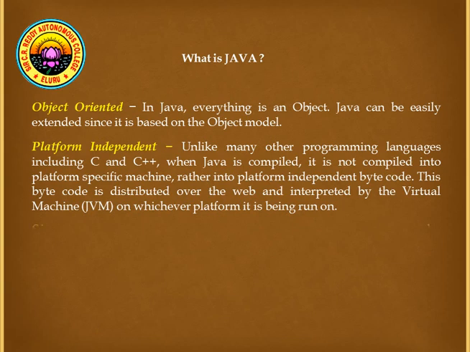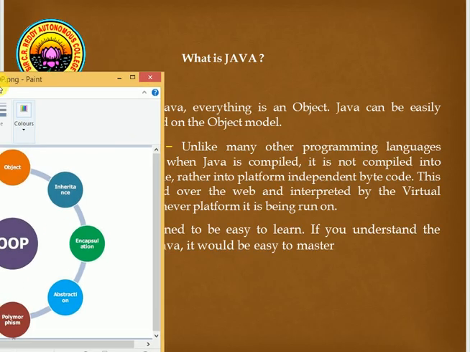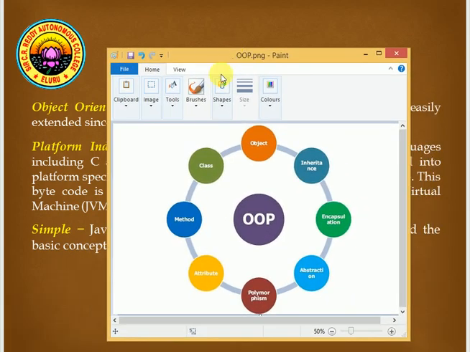Next, it is very simple. Object oriented programming is very simple because we are using the OOPS concept. OOPS concept is nothing but object oriented programming. This OOPS concept consists of several kinds of features.